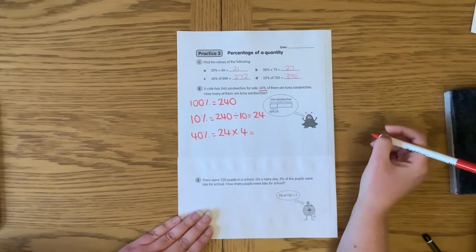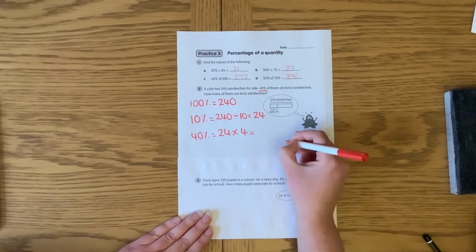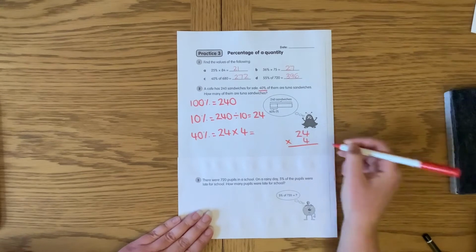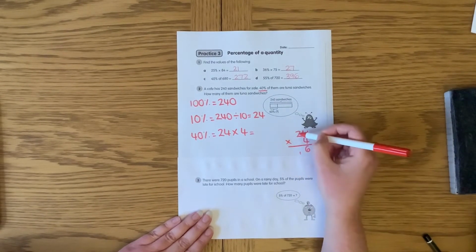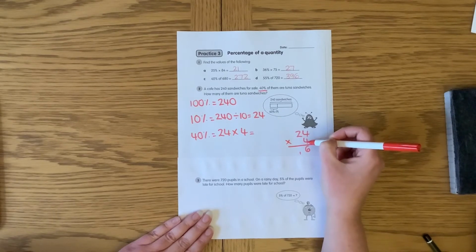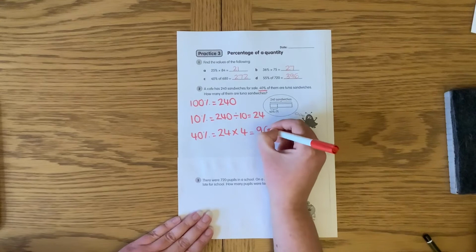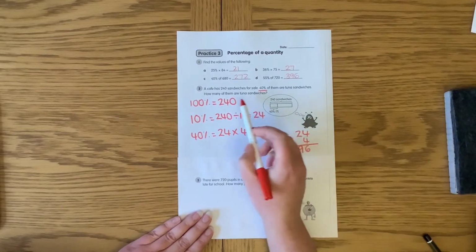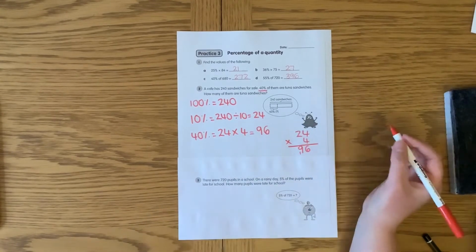So 24 times 4. You might have needed to use a method to work this out. So 4 times 4 is 16. Then 2 times 4 is 8. Add 1 is 9. So 40% is 96. So that means that there were 96 tuna sandwiches. Well done if you got that right.